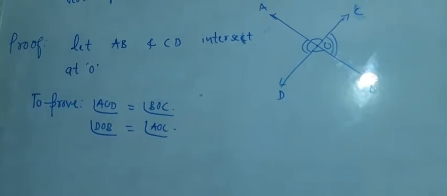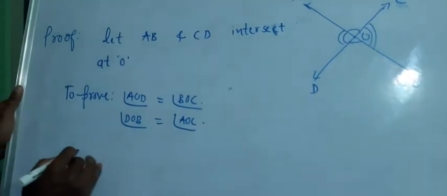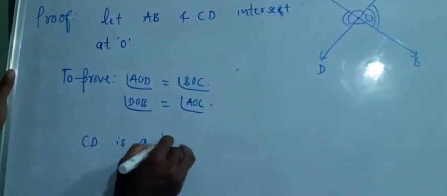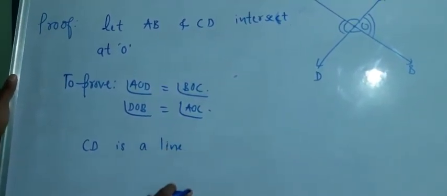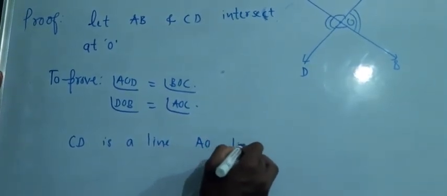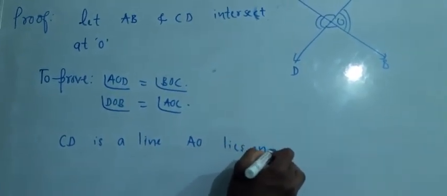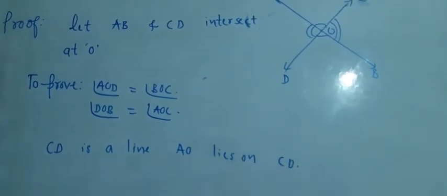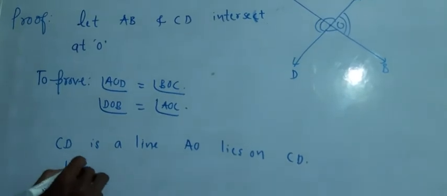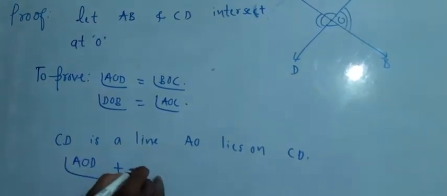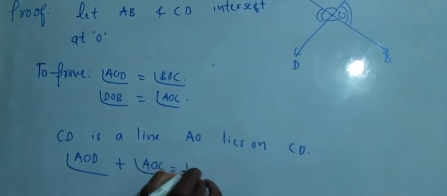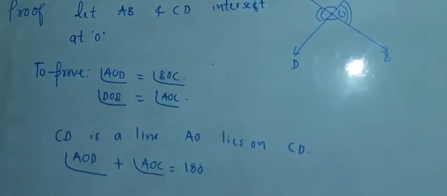So now, since CD is a line and AO lies on CD, angle AOD plus angle AOC is equal to 180 degrees because they form a linear pair.